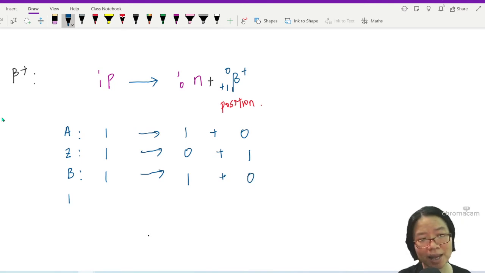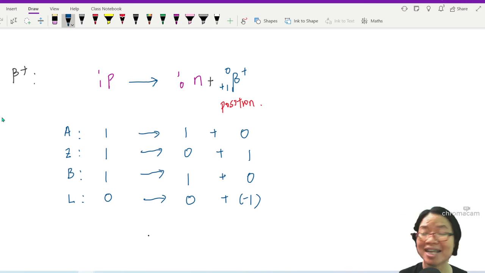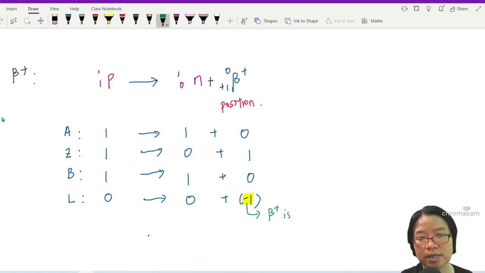Okay. Lepton number. Proton is not a lepton. Neutron is not a lepton, but positron is a lepton. But because it is an anti-particle, it's actually negative 1, to show you that the positron, beta plus, is an anti-particle or anti-lepton.